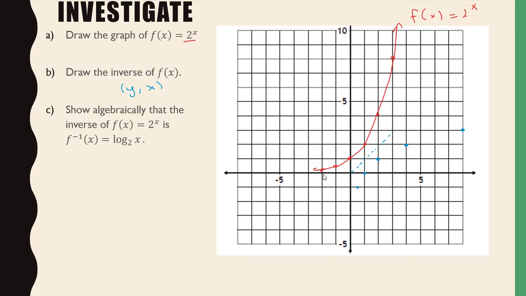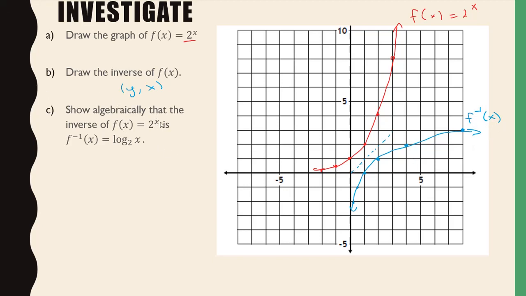And then negative 2, 1/4. So it's going to become 1/4, negative 2. And now we're going to have an asymptote actually on the y-axis then. And so it's a continuous graph. And again, make sure it doesn't look like it actually is going to cross this axis. And we should label that. So that's our inverse graph.